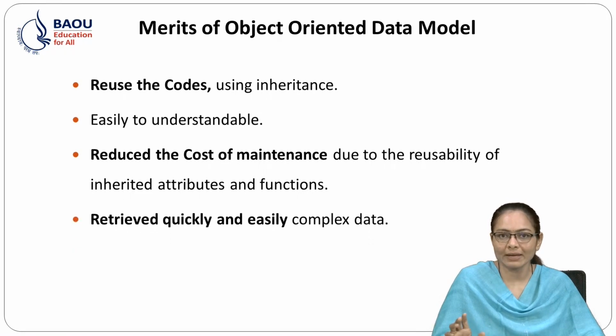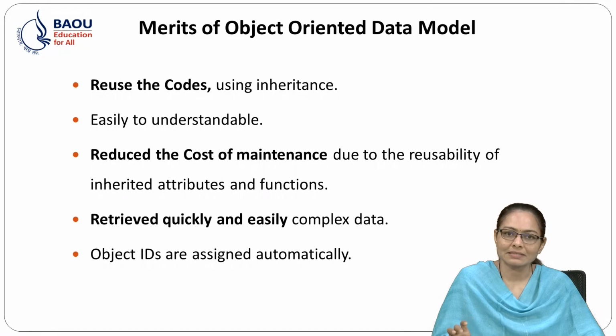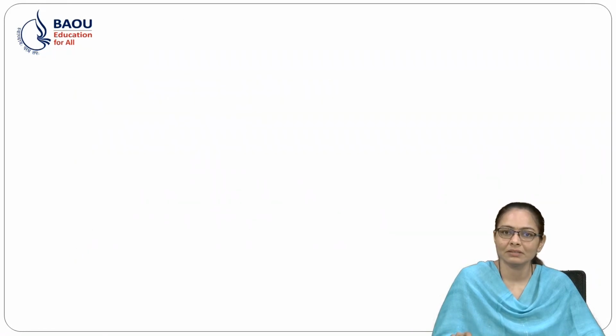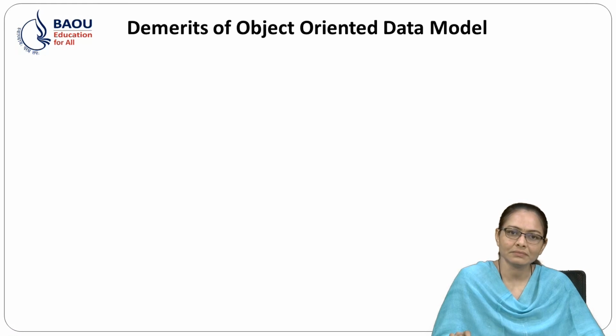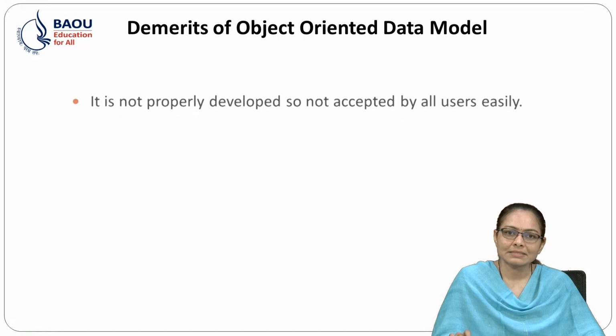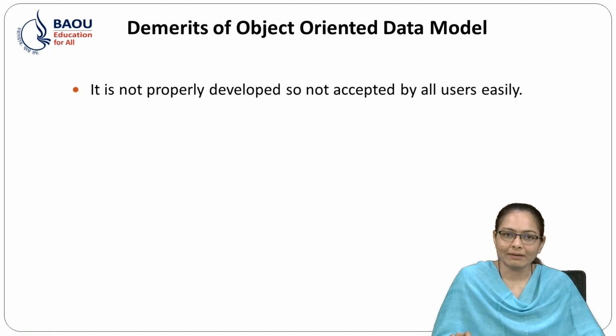Retrieve complex data quickly and easily. Now the object IDs are assigned automatically. So these are the merits of the OODM. Now the demerits of the OODM. First, it is not properly developed, so it is not accepted by all users easily, and it is also difficult for users to understand.